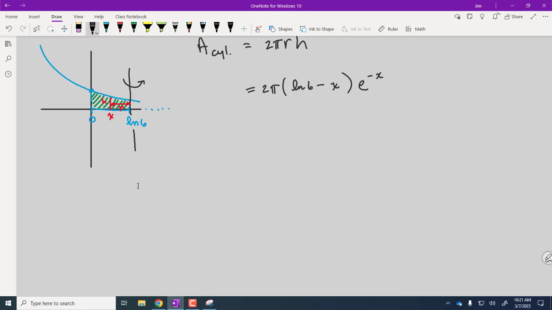So volume will be the integral of this from 0 to natural log of 6. The 2 pi can come to the front. We're going to distribute. We're going to have natural log of 6 multiplied by e to the negative x, and we're going to have a minus x e to the negative x dx. So there is our setup.